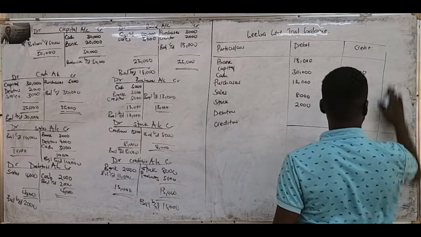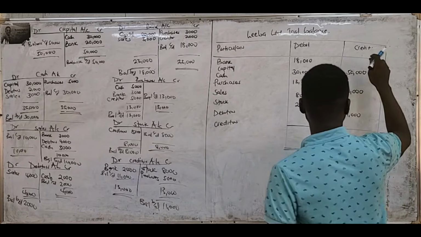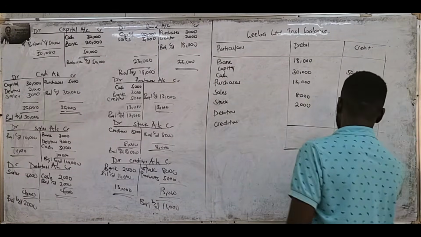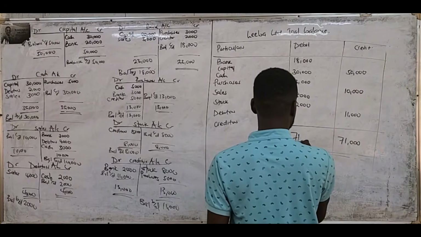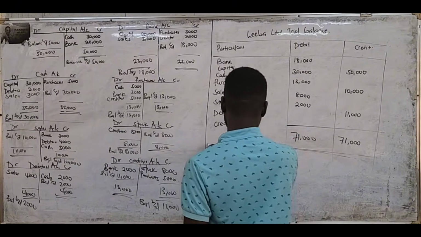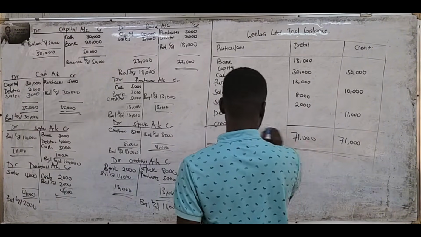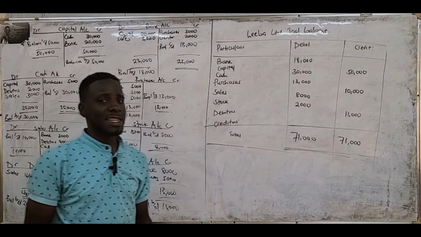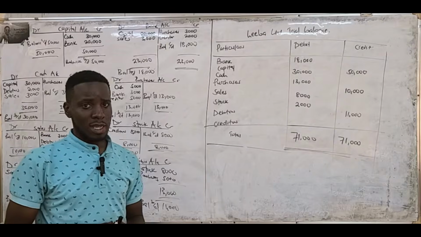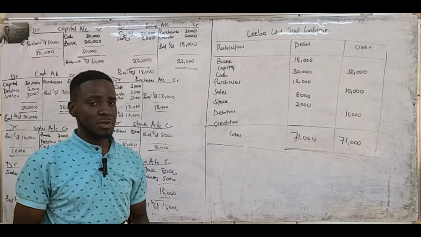So we add up here. Now remember, when I was introducing double entry, so when you add here, this is 71,000, and this is also 71,000, and this one becomes our total. So when I was introducing double entry, I remember I said that there was a golden rule, and the golden rule always said that to every debit entry there's a corresponding credit entry.